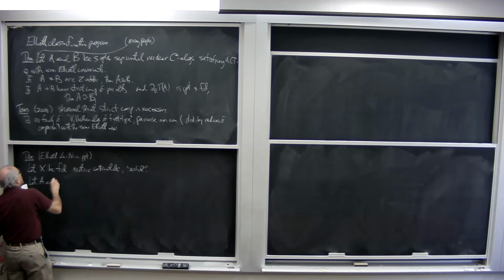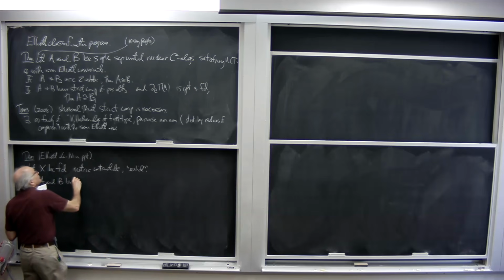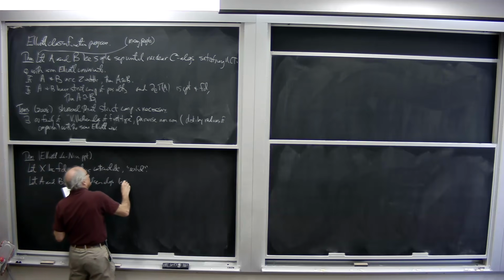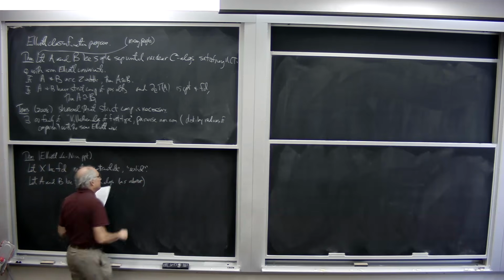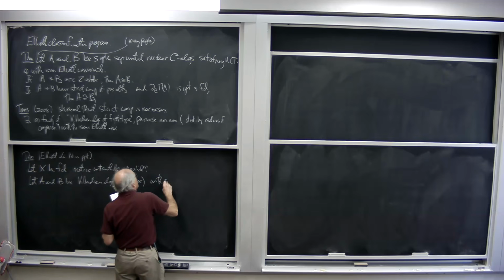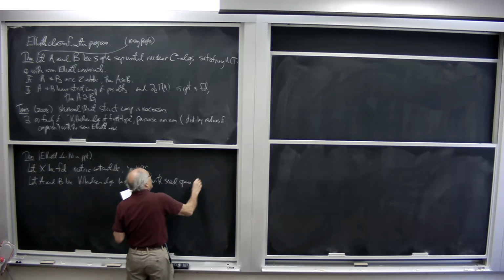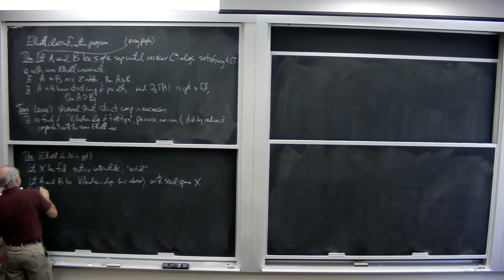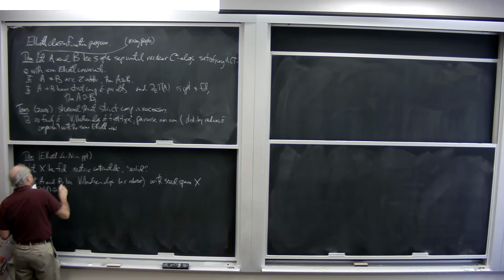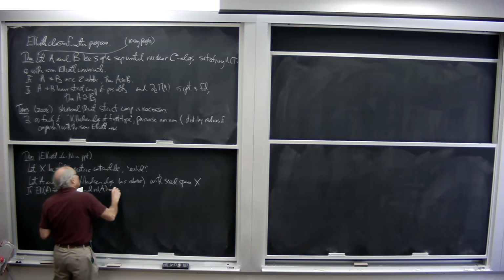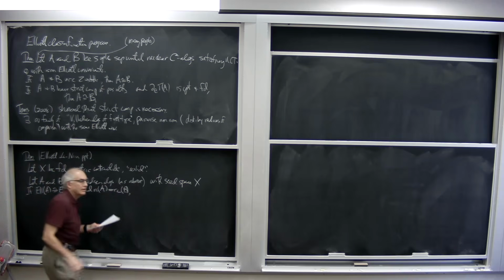Let A and B be Villadsen algebras as above, which I didn't define yet, with seed space X, which I'll also describe. Then if the Elliott invariants are the same, and RC of A, radius of comparison of A and B are the same, then A is isomorphic to B.